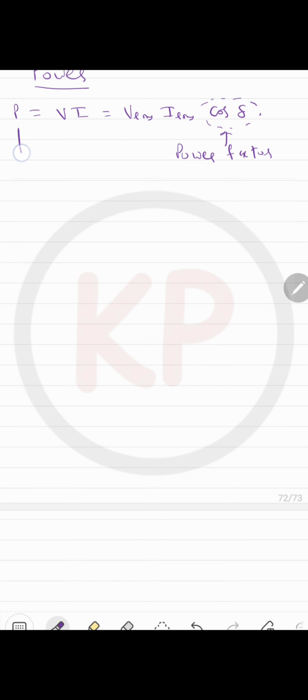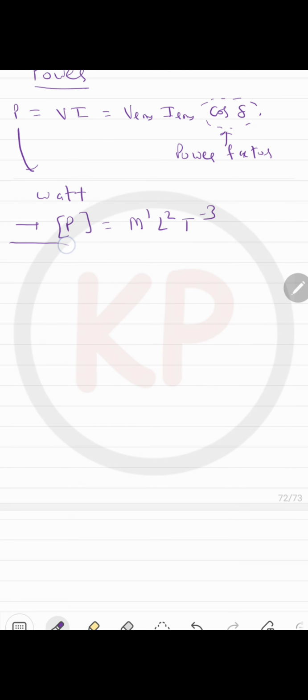As this is power, its unit will be watt. What is the unit of power? The unit of power is watt. Its dimensional formula is quite simple. It is M1 L2 T minus 3. This is the dimensional formula of power.